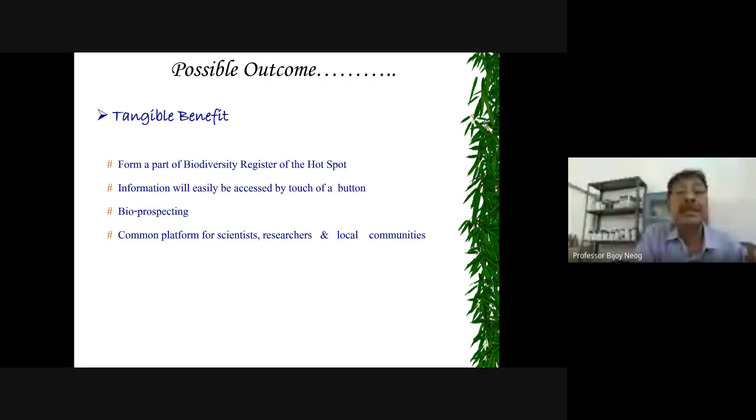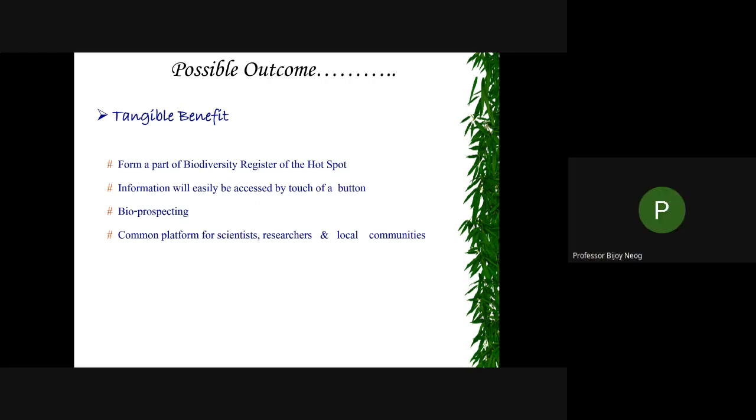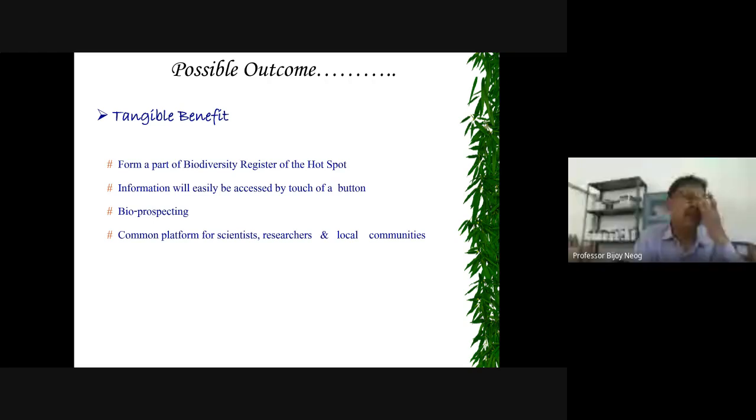So we are also in the process of documenting biodiversity district wise, site wise, or region wise. The information can easily be accessed by known sources for future bioprospecting and can be a common platform for scientists, researchers, and local communities.